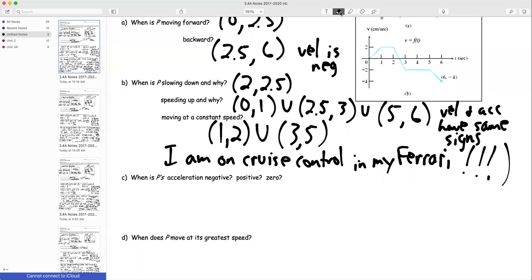So if they give me a velocity graph and I want to know something about the acceleration, I'm looking at the slope. So here we go. V prime equals the acceleration.